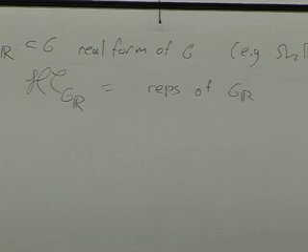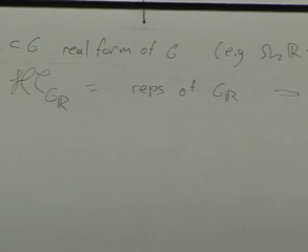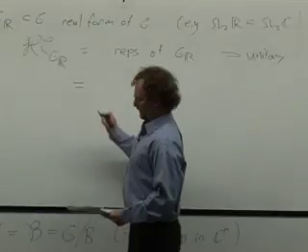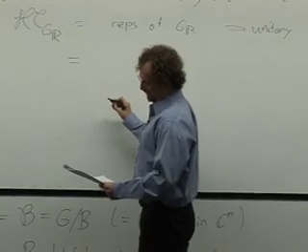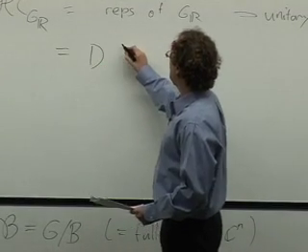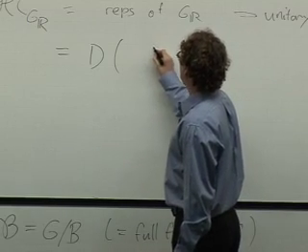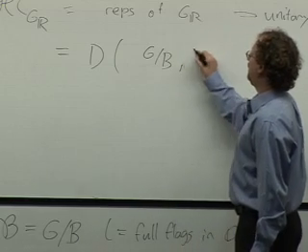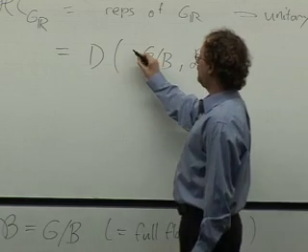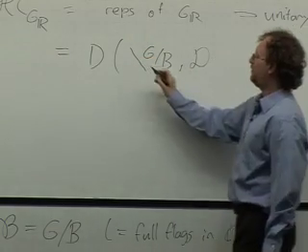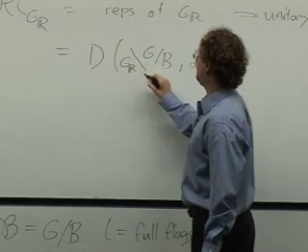And so this contains, for example, all of the unitary representations. So unitary representations of real Lie groups are things that sit inside of this category. And this category has a geometric description, thanks to the Beilinson-Bernstein picture. So I'm going to state it not in the Beilinson-Bernstein form, but what this says is that we're going to look at D modules on G/B, but instead of putting the condition that they are constant along the B orbits, we're going to put a condition that they're constant along the G_R orbits.